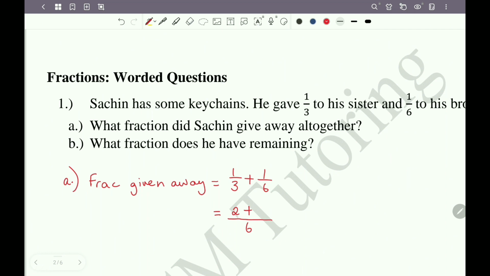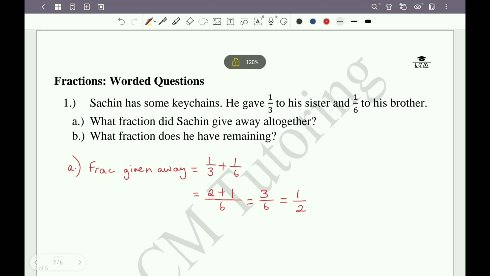And 6 into 6 is 1, 1 times 1 is 1. Now we add the numerators, 2 plus 1, and we get 3 over 6, which is equal to 1/2 when we reduce it. So that is the fraction that is given away. He gave away 1/2 of all of his keychains.